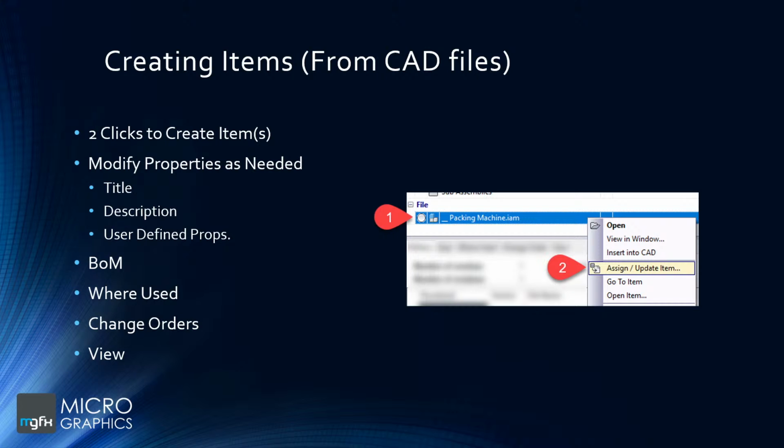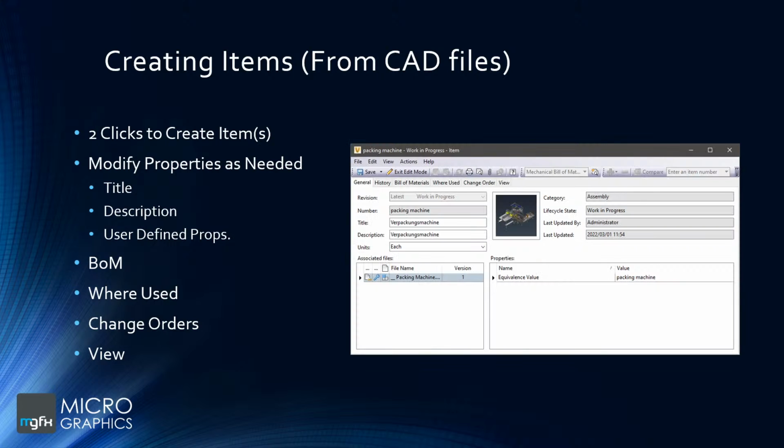If the item already exists, it will update the existing item with any information that may have changed in that assembly. Once that is done, it will take you to the item screen itself, basically the item editor, and you would be able to then put in information regarding the actual item itself. So we see here we'll be able to modify the properties as needed.